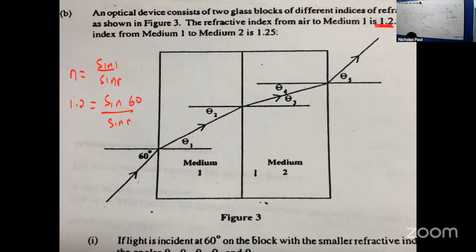Then cross multiply and work it out. 46.2. So that is your theta 1.